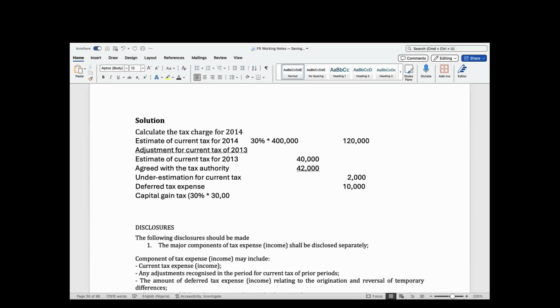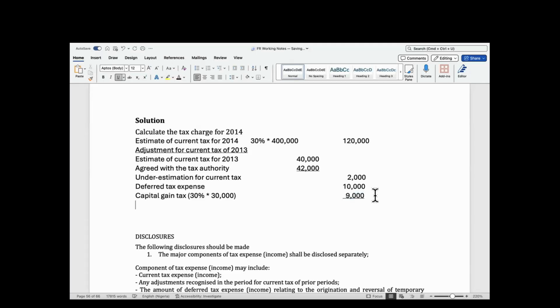So that's 9,000. So we would have a total income tax expense of 41,000. That's a tax charge.